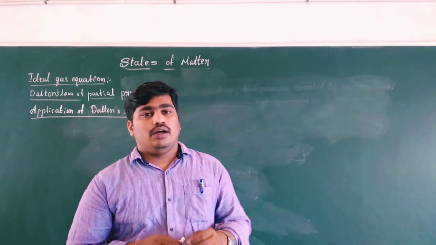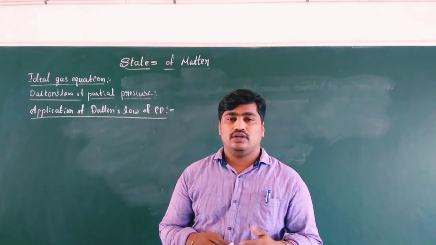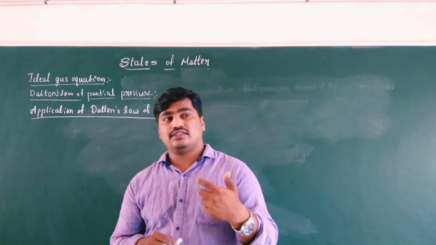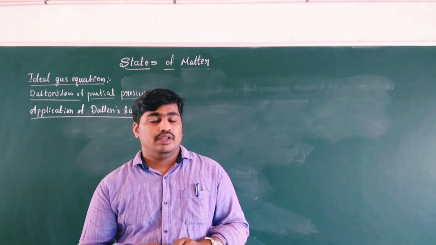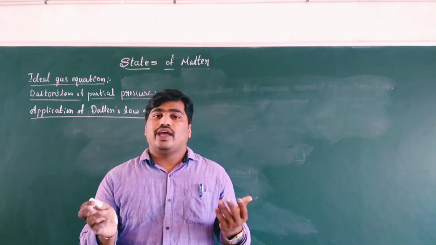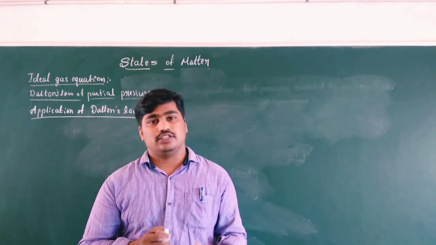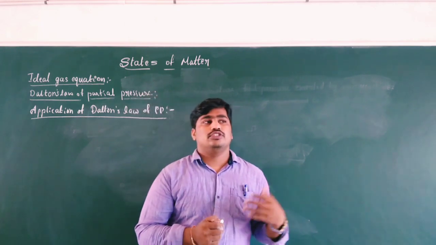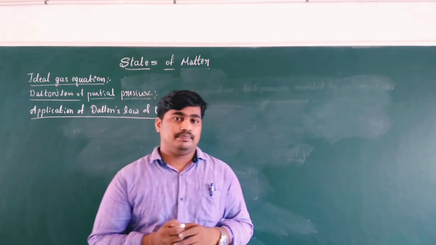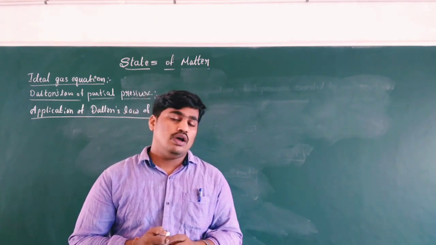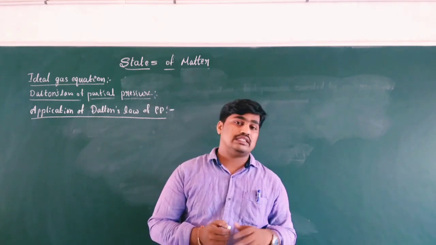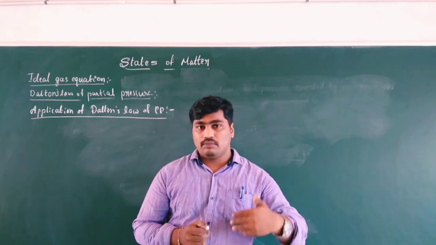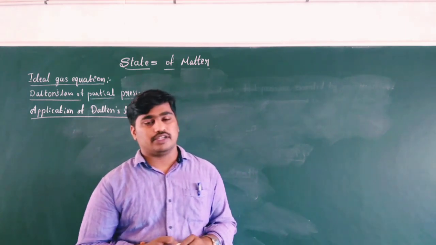The pressure of dry gas, or the pressure of gas present above the surface of the water, can be calculated using Dalton's law of partial pressure, and the individual pressure also can be calculated. Individual pressure means nothing but partial pressure. Partial pressure is determined using Dalton's law of partial pressure.